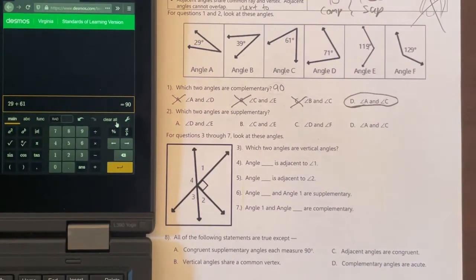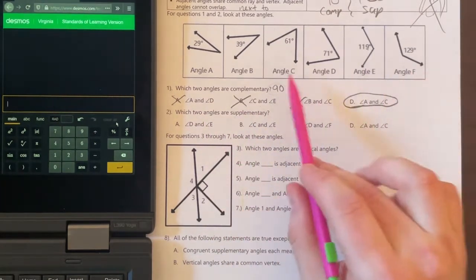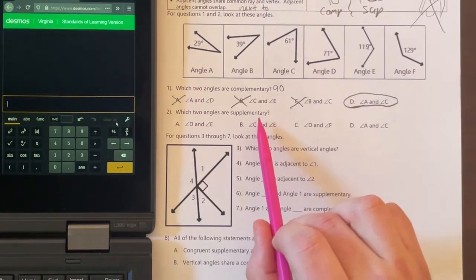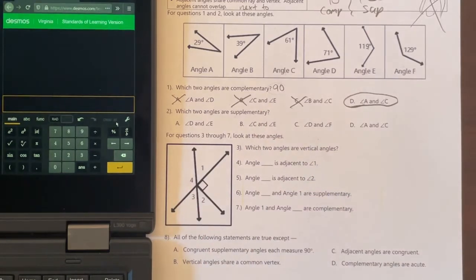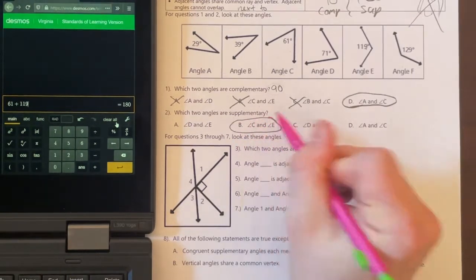All right. How about for number two, it says which two angles are supplementary? Well, if we remember, I believe it was C and E. So let's check again. We said angle C was 61 and angle E is 119, which is good.